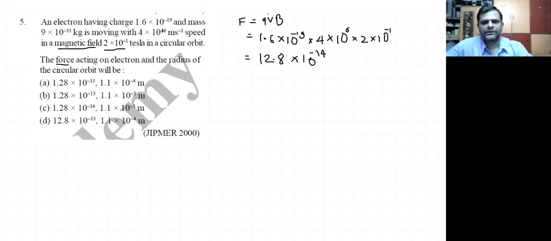So 12.8 into 10 raised to minus 14 can also be written as 1.28 into 10 raised to minus 13. So 1.28 into 10 raised to minus 13, these two can be the correct options.